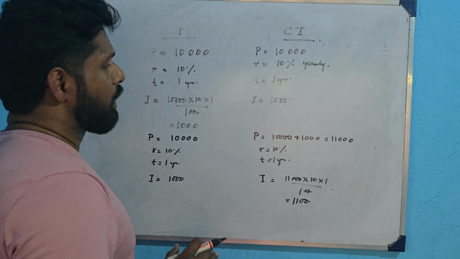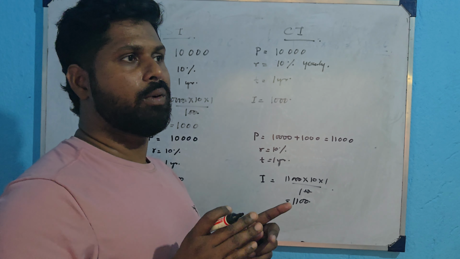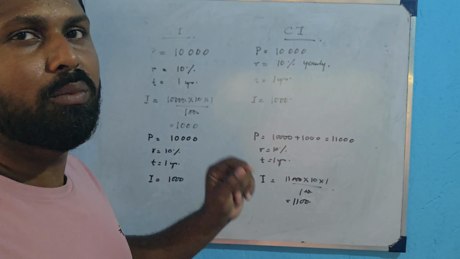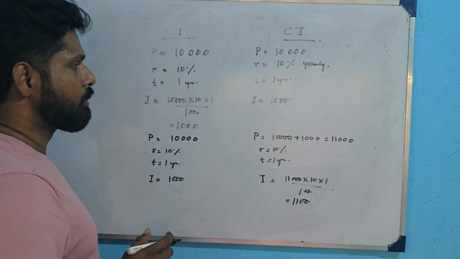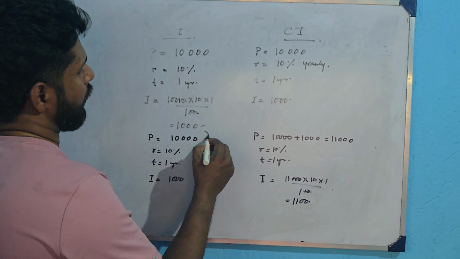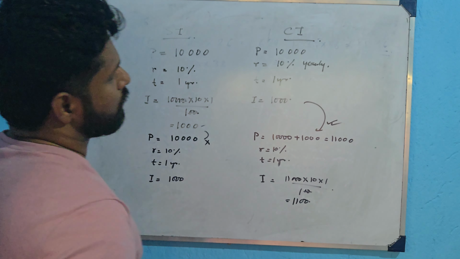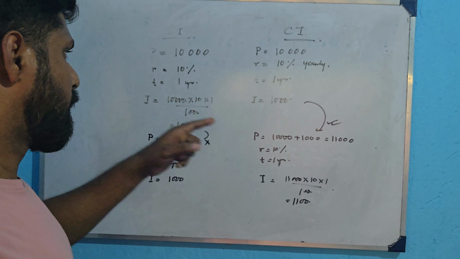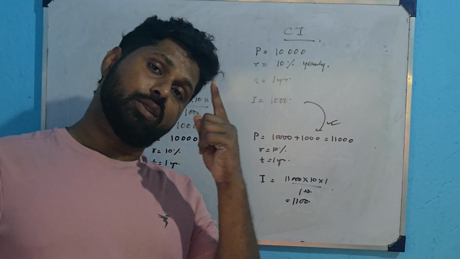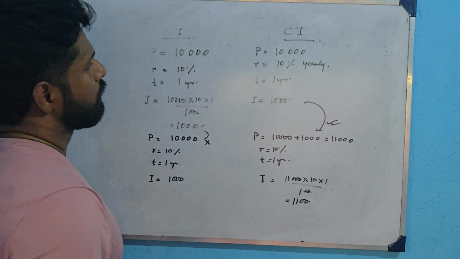But as soon as you cross the first year, even at 1 year 1 day, CI will be a bit more than SI, because in SI the interest is not getting added to the principal, but in CI the interest is getting added to the principal. The principal is increasing year by year, hence your interest will also increase year by year, day by day, right?